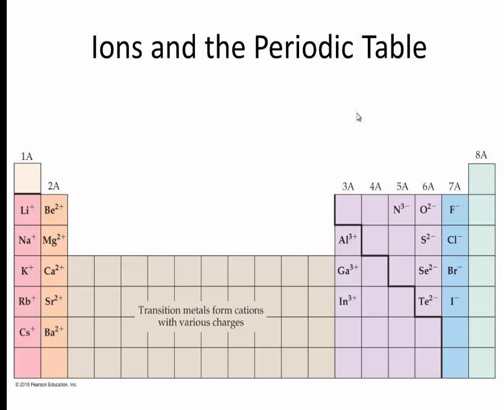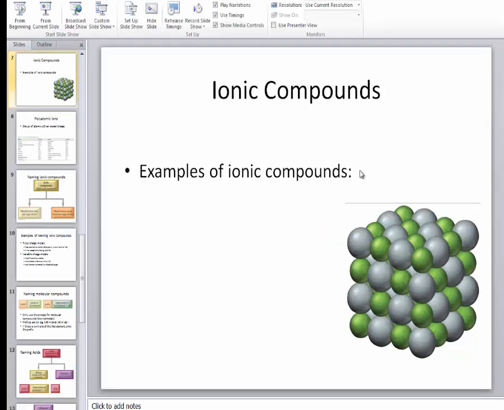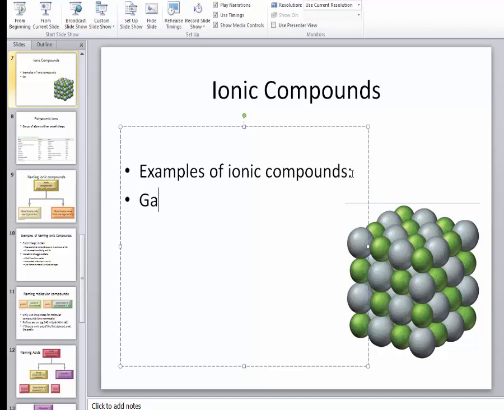So when we look at this, we'll say Ga. I'm going to go ahead and put this on the PowerPoint so we can look at it as we go. Okay, so we have Ga with a +3 charge, and we have oxygen with a -2 charge.